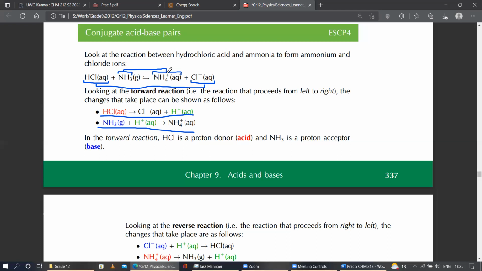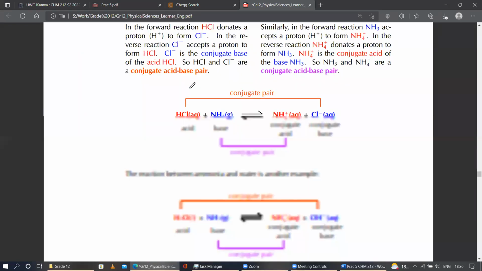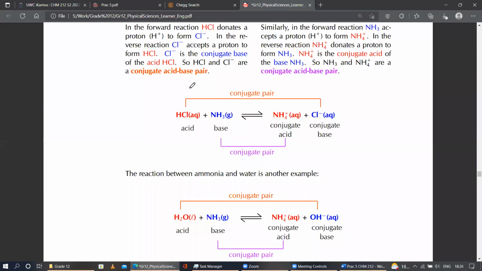The base turns into this acid, and this acid turns into this base with the forward and reverse reactions. So that's how you're gonna identify the conjugate acid-base pairs. You understand that part? Yes, sir. Okay. Even here they wrote it like this.